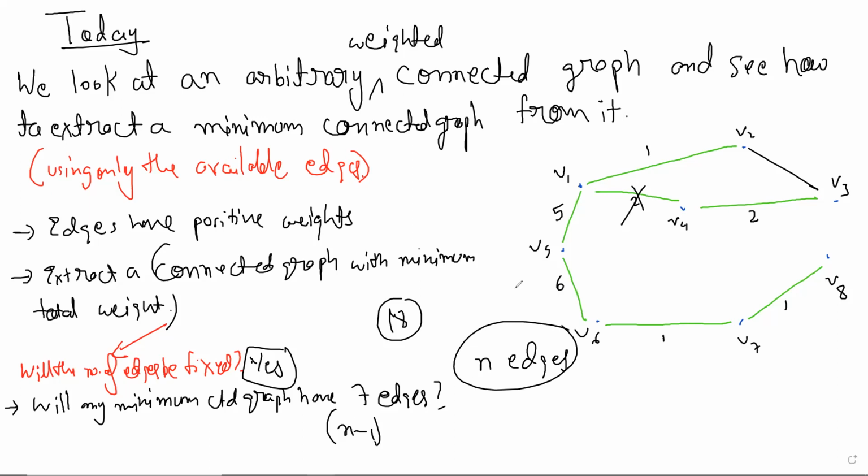They'll form a cycle, so I'll remove one of them from the cycle and I'll have n minus 1. So if I have more edges than n minus 1, I can further reduce it. That is the reason, simply put. If I have more than n minus 1 edges, I can remove some of them. So obviously, the minimum will always need n minus 1 edges, even in the weighted case. Please try to make this more rigorous if you need to.